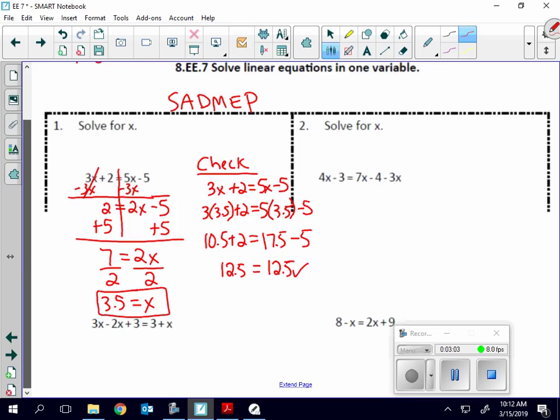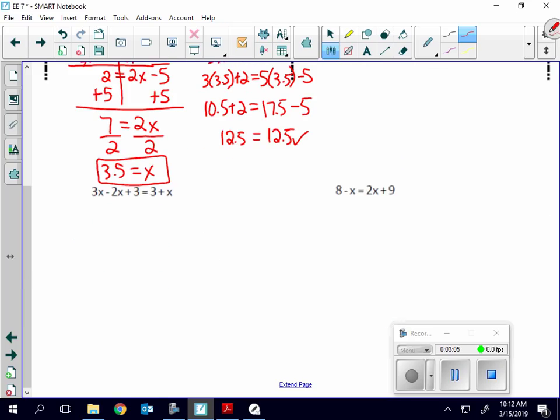Okay, let's do the second one in problem 1. Write this down on your paper if you need to. Pause the video if you need to. And we're going to draw our line. All right, this time we have x's on both sides, but we also have 2 x terms on the left, which means I'm going to combine them.